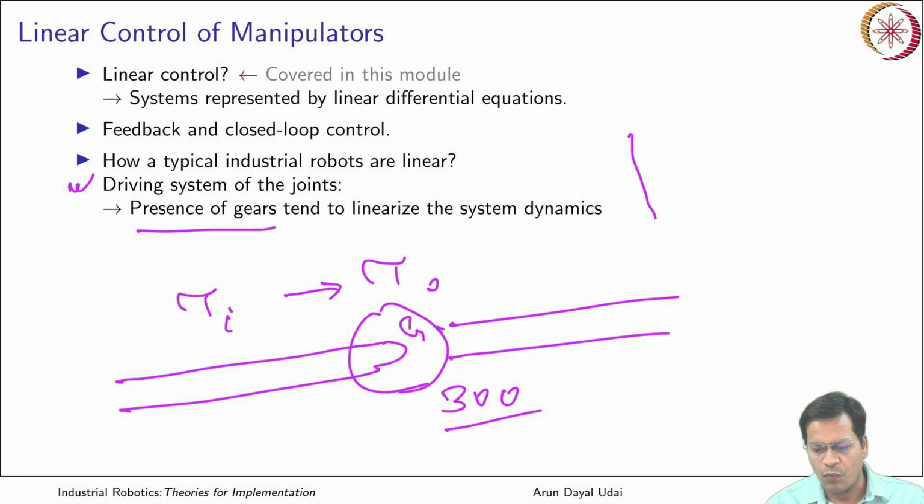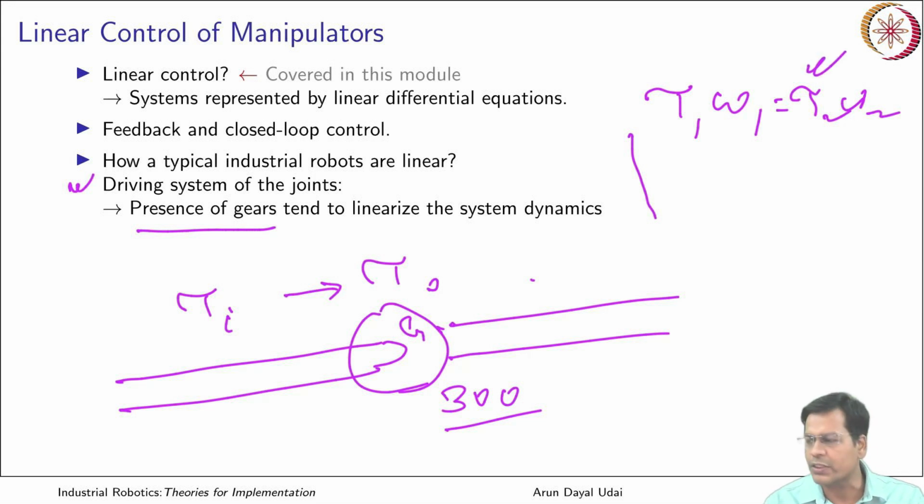So it is basically a reducer. It reduces the speed and enhances the torque. Basically the fundamental equation for this is tau 1 omega 1 is equal to tau 2 omega 2. So if you reduce the speed, you get the higher torque. So that is the reason why it should be here. So you have a gear reduction which is here.